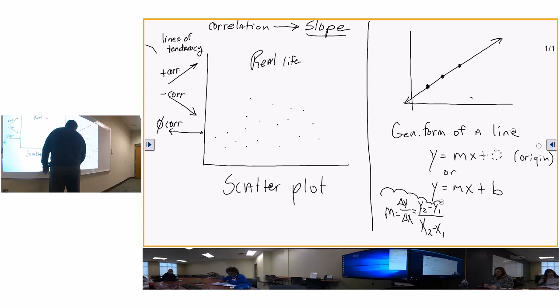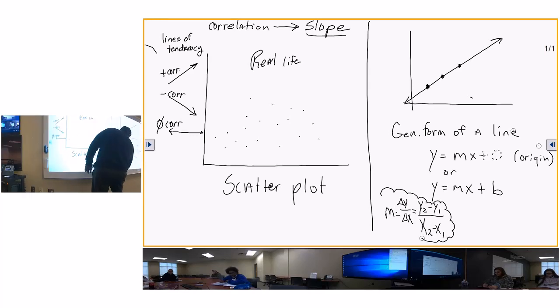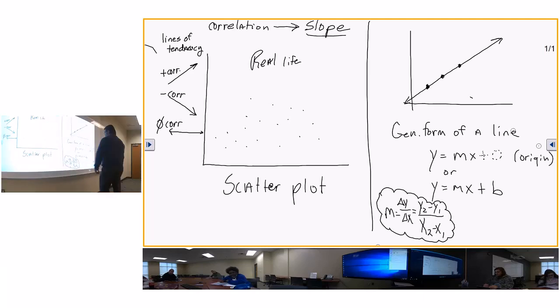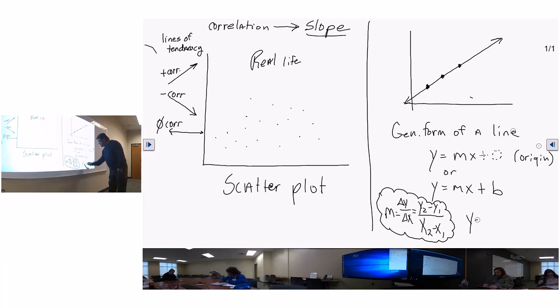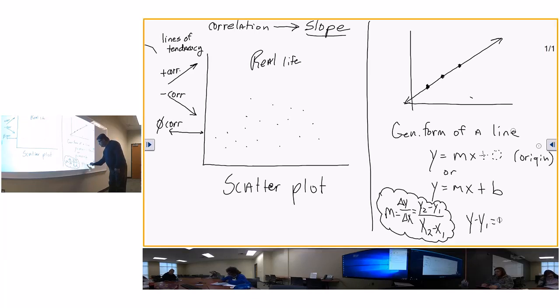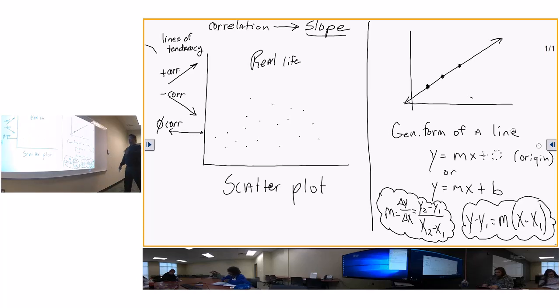Okay, this is a formula to calculate the slope. And then I'm going to give you the point slope equation. y minus y sub 1 is equal to m times x minus x sub 1. And those are the two formulas that you use to find the equation or find the slope.